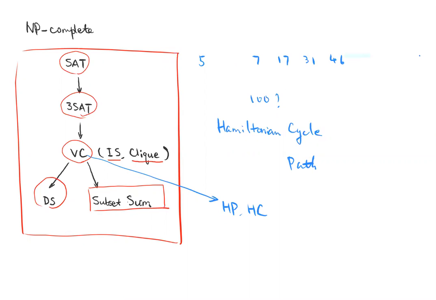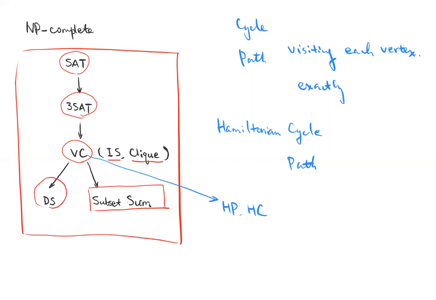So these are problems of finding a cycle that visits each vertex exactly once, or a path that visits each vertex exactly once. So that's the Hamiltonian cycle and the Hamiltonian path problem.